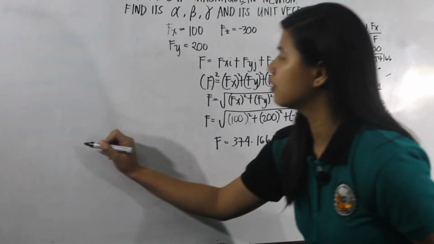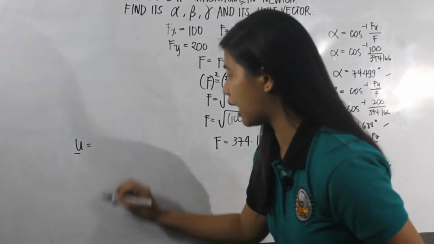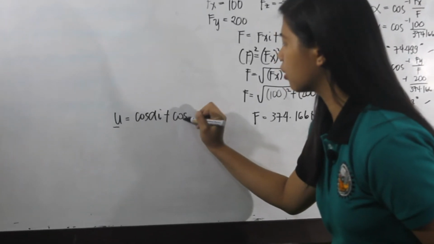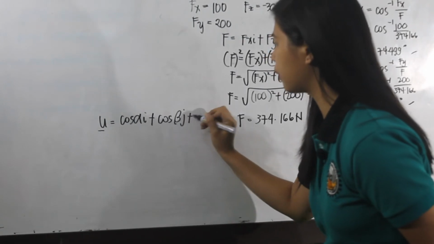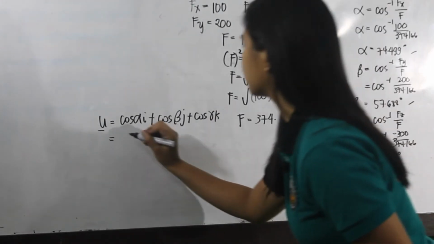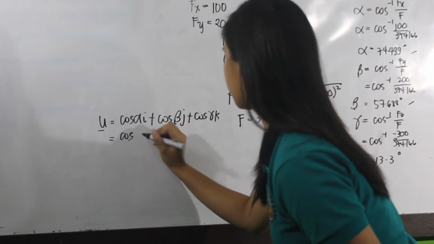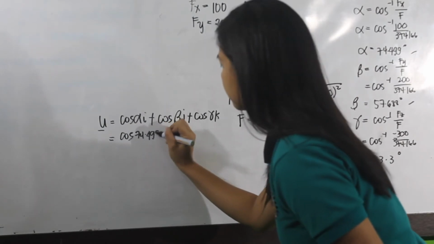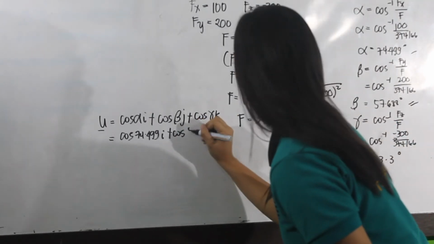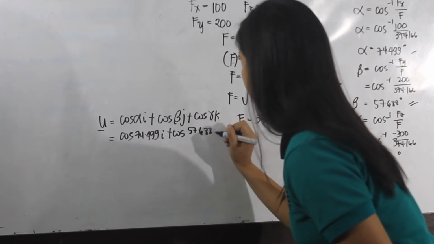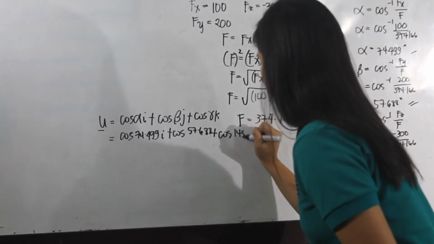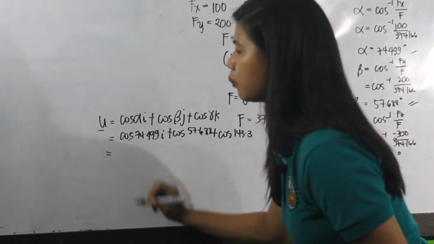For the unit vector, we will be using this formula. So you underline u, cosine alpha i plus cosine beta j plus cosine gamma k. So substitute cosine of 74.499 i plus cosine beta, which is 57.688, plus cosine gamma, 143.3.